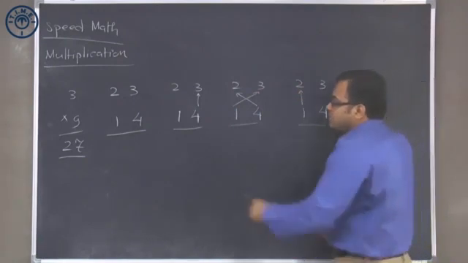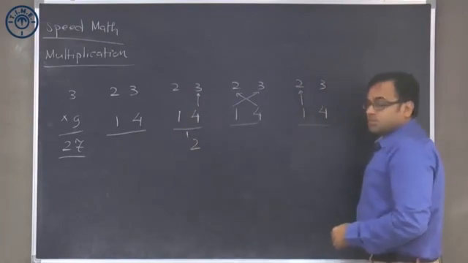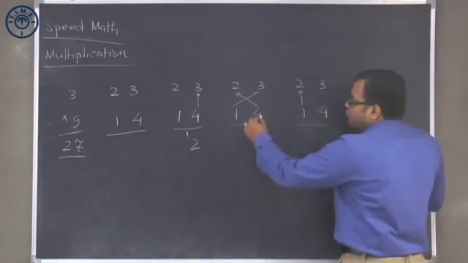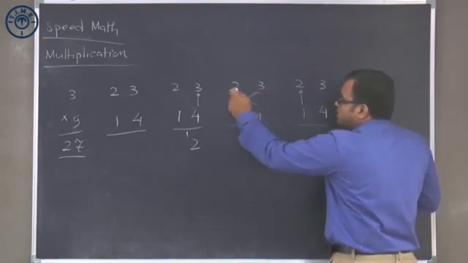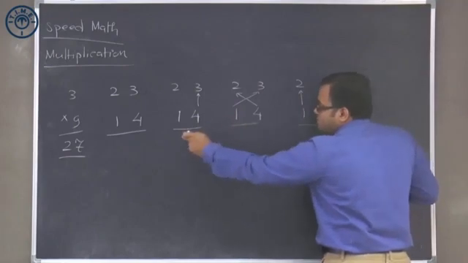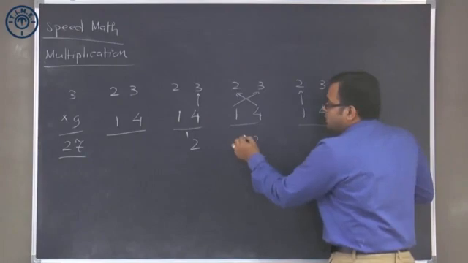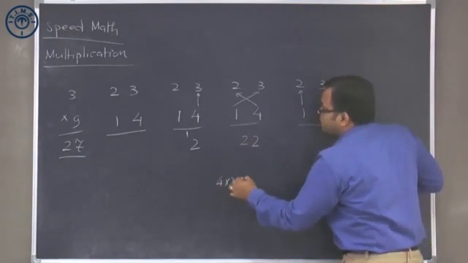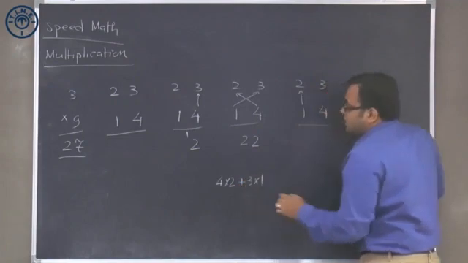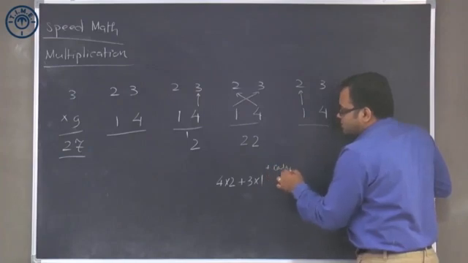So the last digit will be 4 into 3, 12, remainder is 2, carry is 1. The second last digit will be 4 into 2, 8, plus 3 into 1, 3, 8 plus 3, 11, and because there was a carry of 1, 11 plus 1, 12, so this will also become 2. So what I have done here is 4 into 2 plus 3 into 1. I have cross multiplied them, plus whatever was the carry.